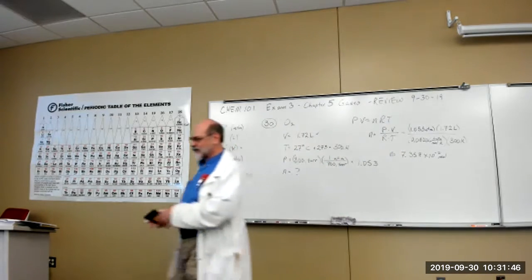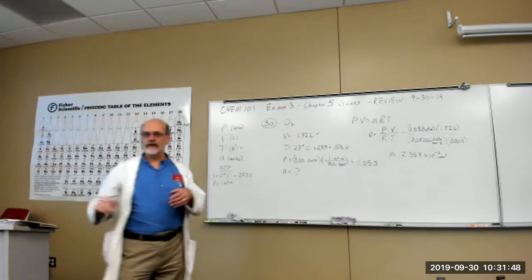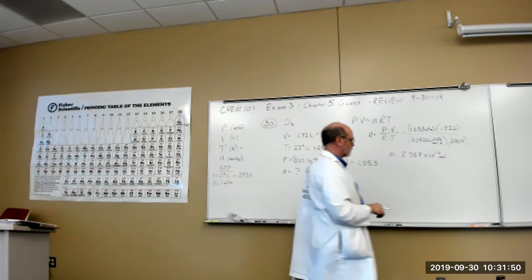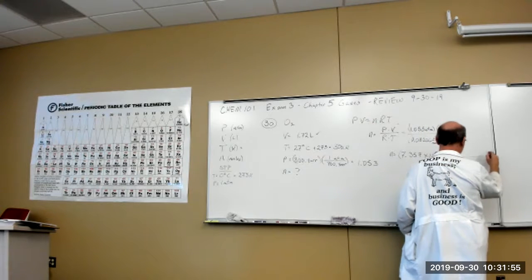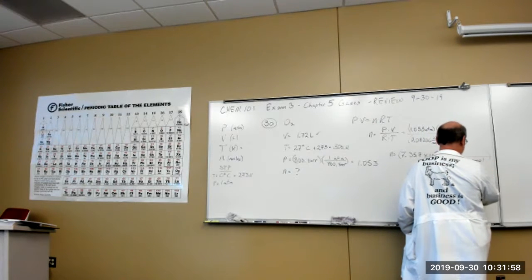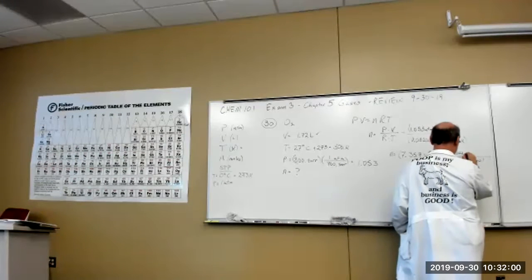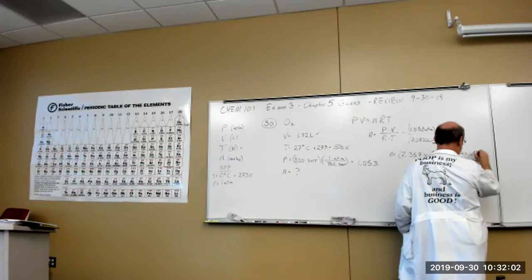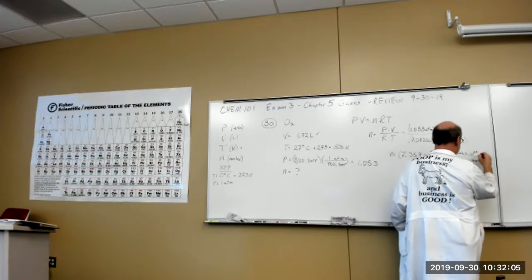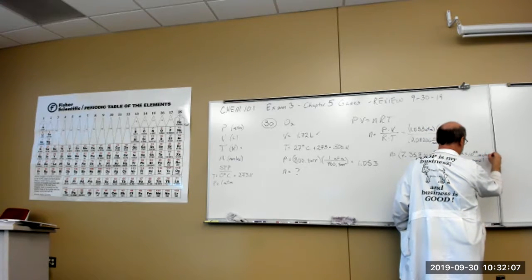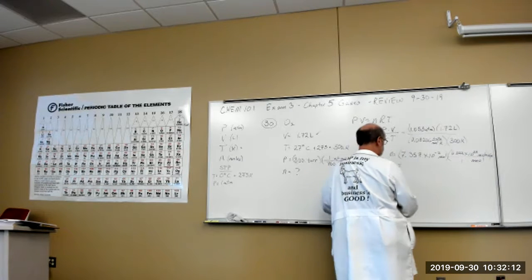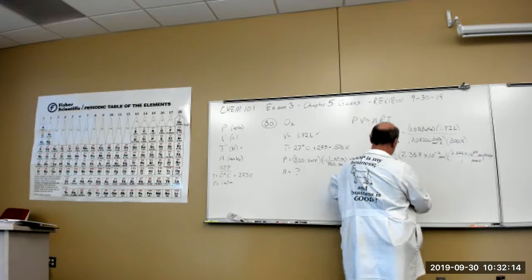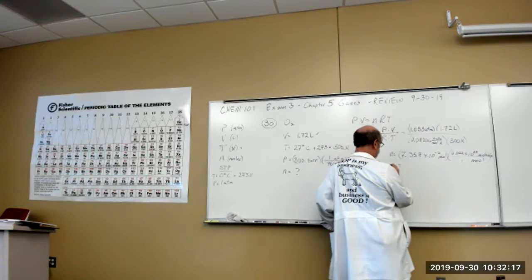And then to find the answer here, we've got to convert it to numbers of molecules. Right? So what's the conversion factor for moles to molecules? Isn't it 6.02 times 10 to the 23rd, sorry. Right. And this would be molecules per mole. Technically, I shouldn't use N, I should say number of O2.